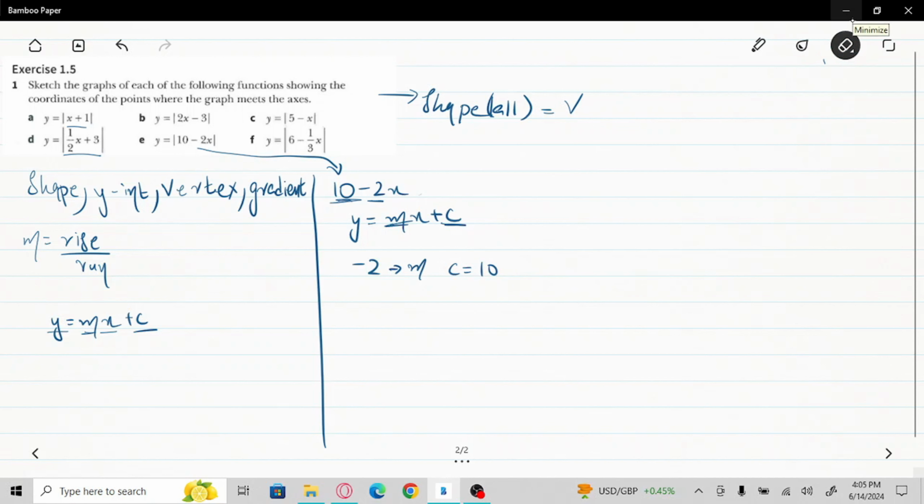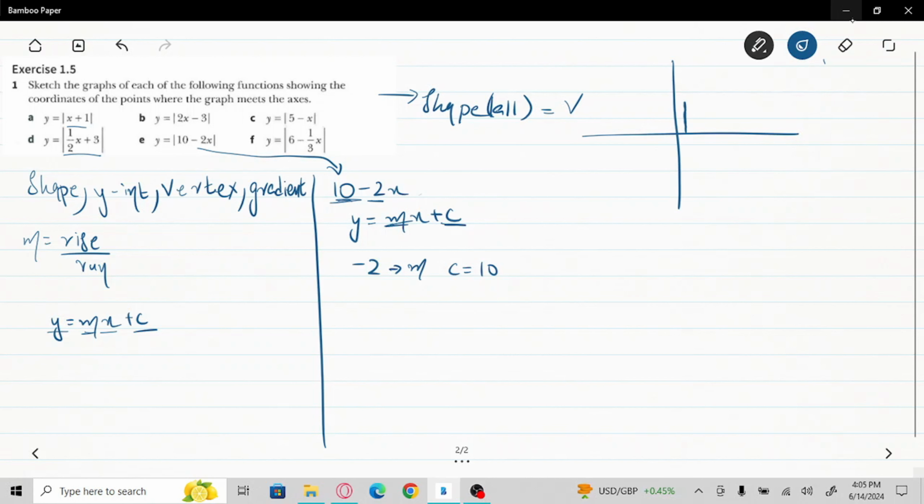Another thing is that I discussed rise upon run. Let me explain what a rise is. So this is a normal graph here. The changing y values are the rise. For example, we are going towards y equals 2 and we go up.